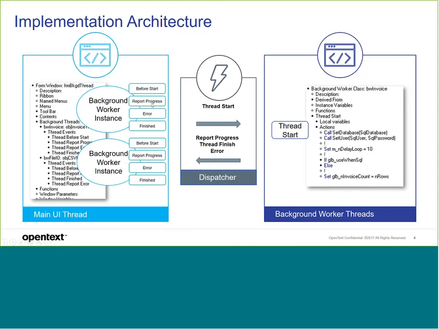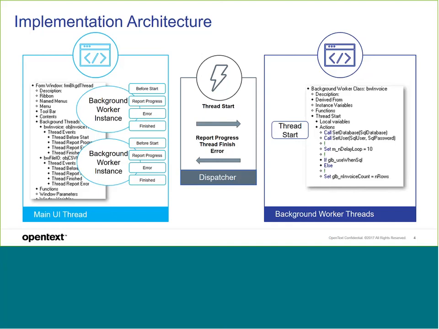With report progress, you can tell the user your thread has processed 10% of the entire process, and so on. You also get a notification when an error has happened, like the database connection in the thread is broken down or whatever. And then there's another notification when the thread finished.